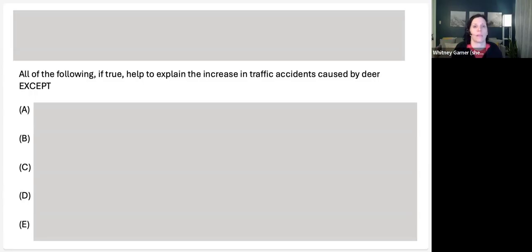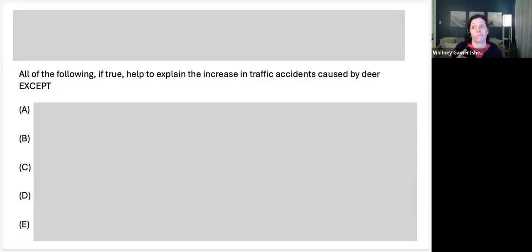So in an except question, I'm not looking for the right answer. I'm still trying to eliminate four answers. This time, however, I want to find four answers that all do in fact help to explain. So four of these answer choices will explain the increase in traffic accidents caused by deer.